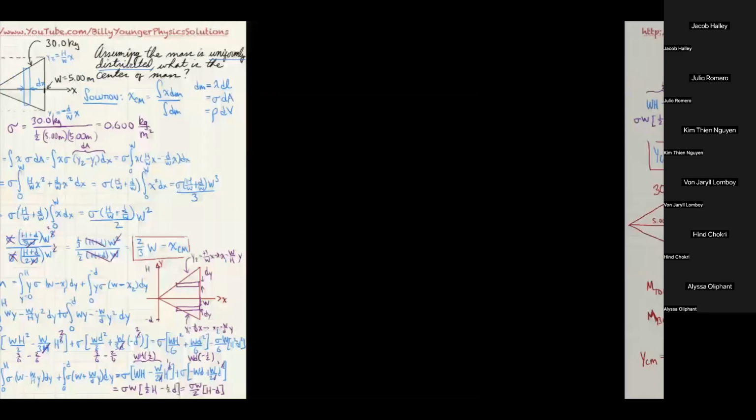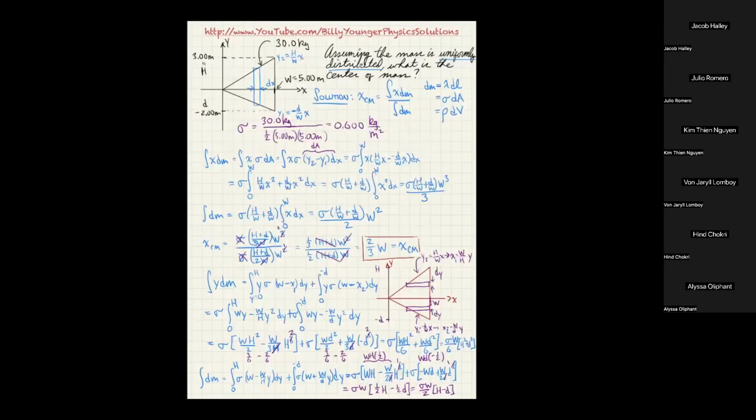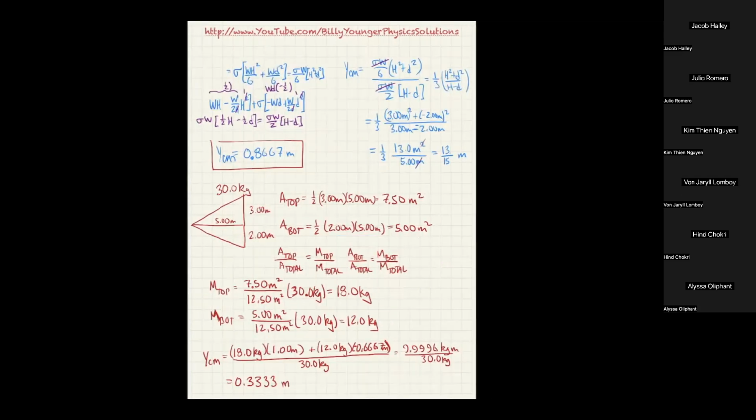So we've got that one. What do we get for the other one? We got 2/3 of W, and of course W was 5, so that'd be 10 over 3. That'd be 3 1/3, so that's 3.333 was supposed to be the x center of mass. We can check that one too.